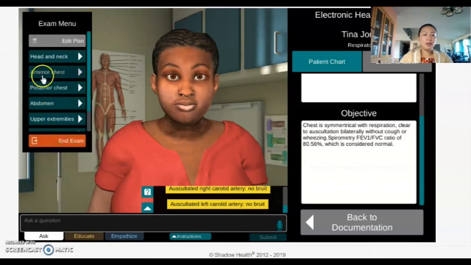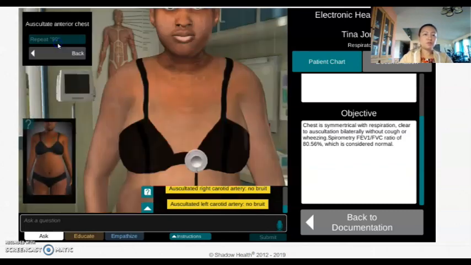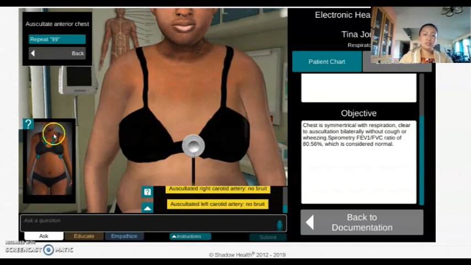Okay, now I am going to assess the respiratory and the cardiovascular system simultaneously. And I'm going to start at the anterior chest. And I am going to perform an auscultation of the chest to check for any adventitious sounds, for any wheezing, for any stridor, or any crackles or rhonchi.